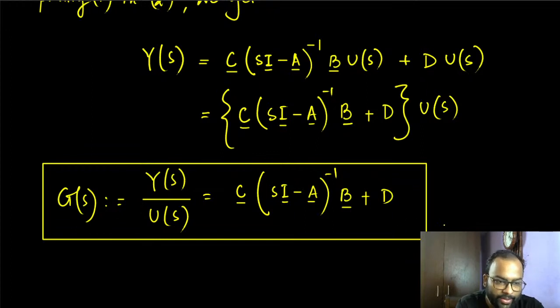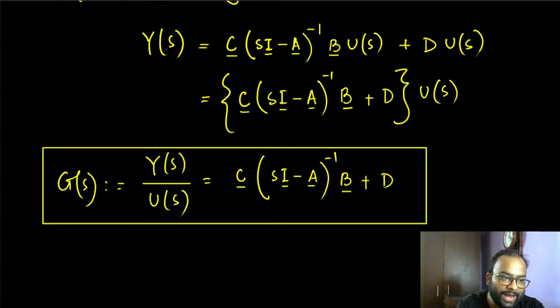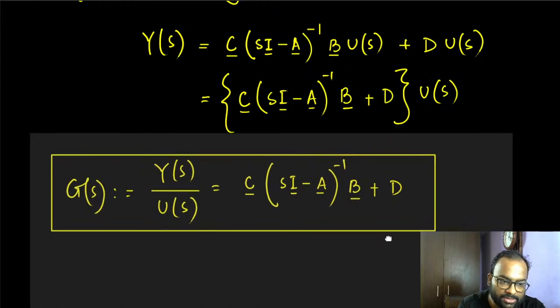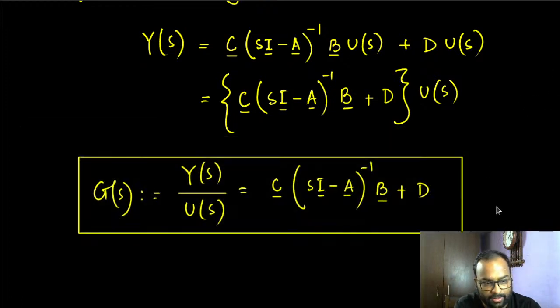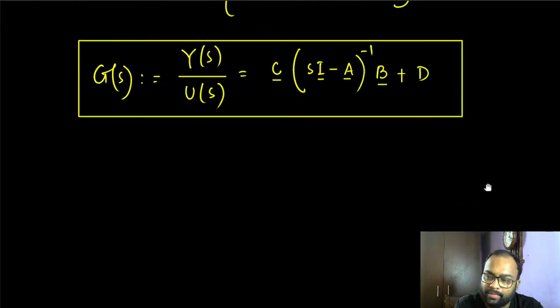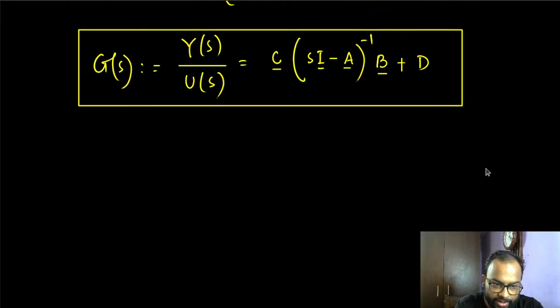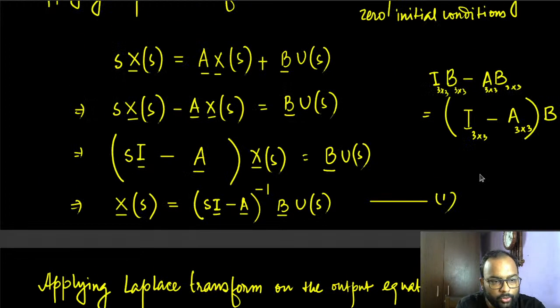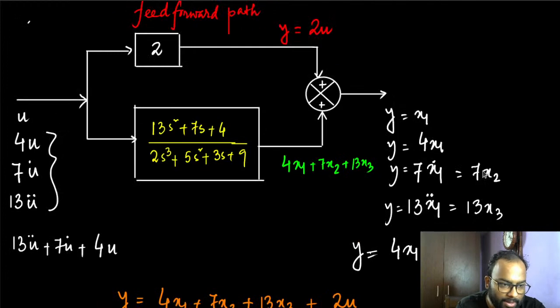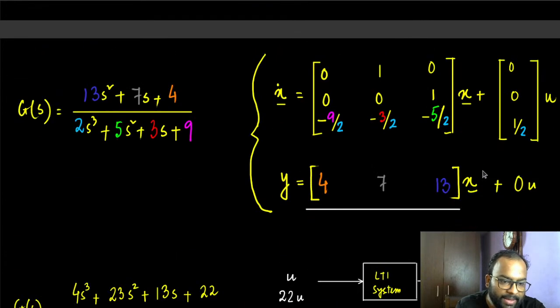So you get advantages by dealing with state space models, and we discussed all this in the last class. What I want you to do, as an exercise problem, is bring one of these problems here. You already know that this is one of the state space models for this transfer function model.